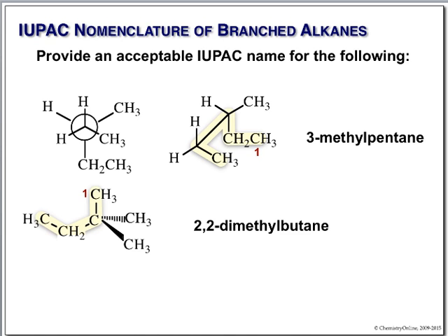Absolutely. What if I took our methyl group here and changed it into a chloromethyl group? So instead of this, I put a chlorine here, and let's just put one here too. Go ahead and name this guy.